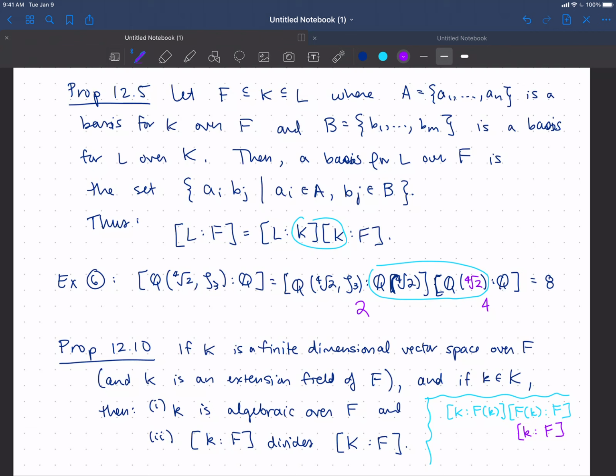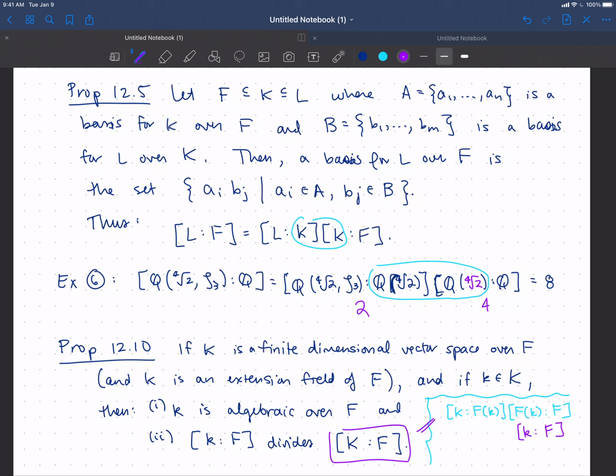And actually, I think I just proved it, so maybe we won't talk about the proof next time. But this is the key idea in the proof. Since this dimension is equal to that product, that tells me that little k has to have degree that is a factor of the dimension of big K over F.